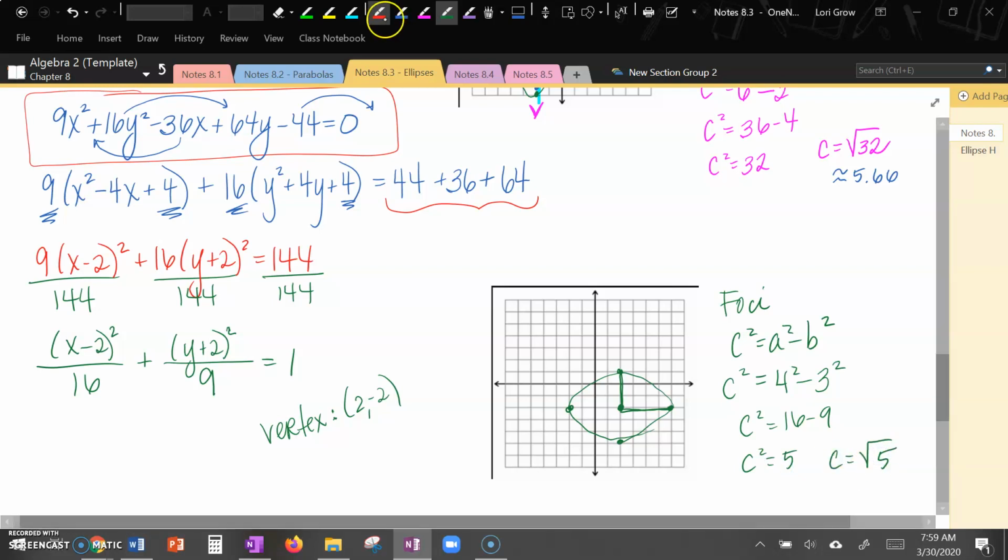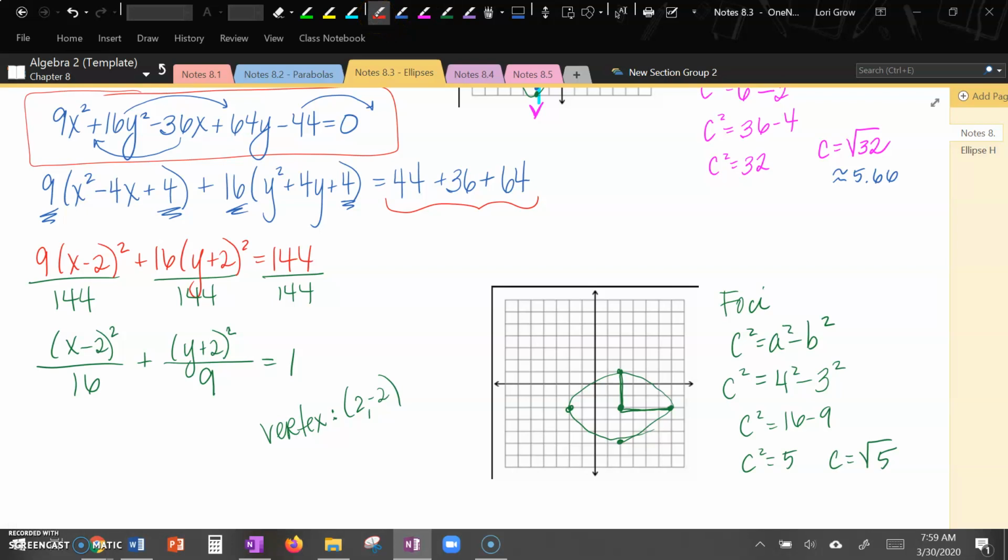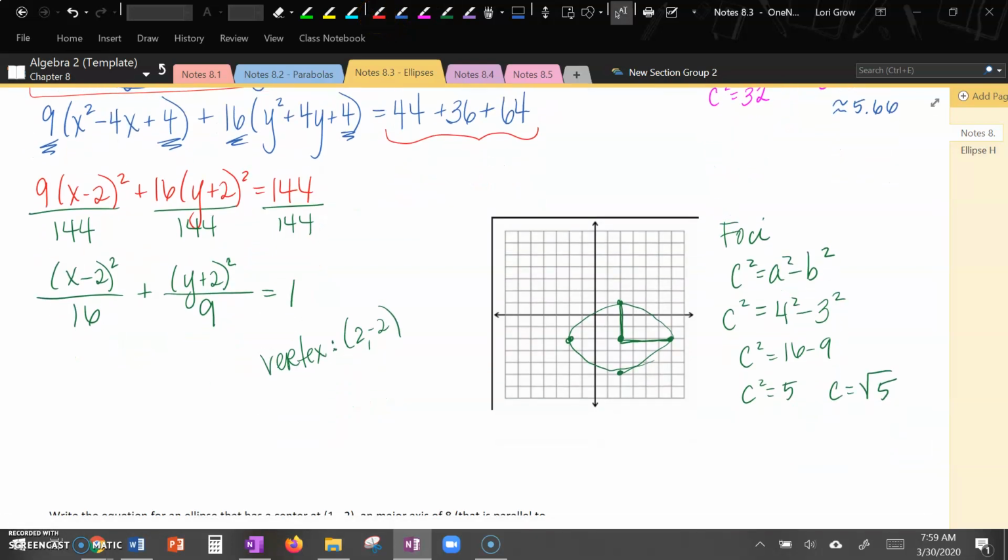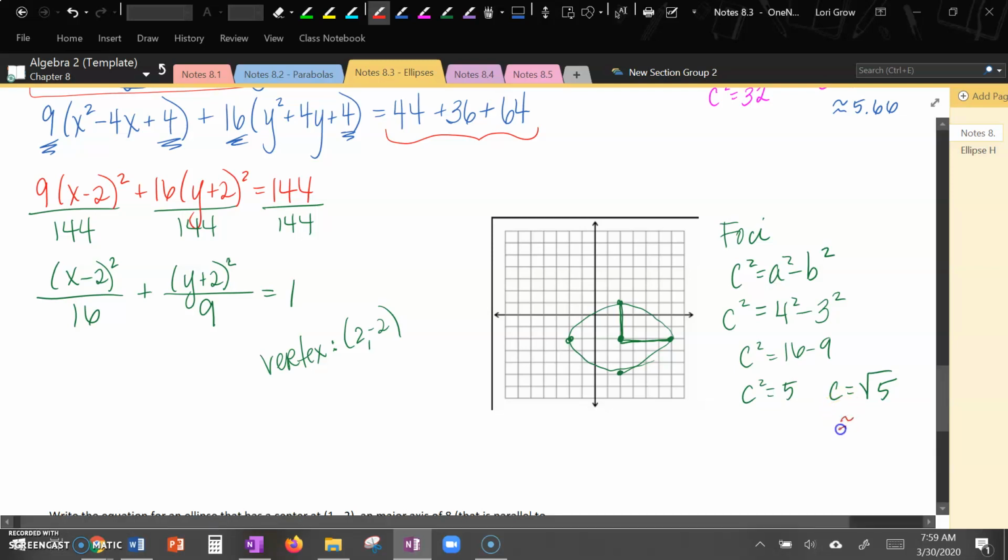And so the square root of 5 is how much I'll go on the major axis to get my foci. The square root of 5 is approximately 2.23. So I'm going to go about that much in each direction.